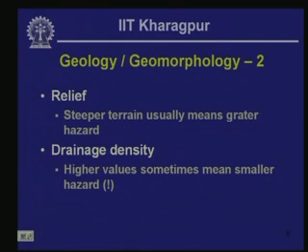So, if you have more kilometers of drainage channels in a given area per square kilometer, then that area is, in many cases, more stable against the occurrence of landslides. You could argue that the point I am trying to make here is counterintuitive, and the explanation is as follows.